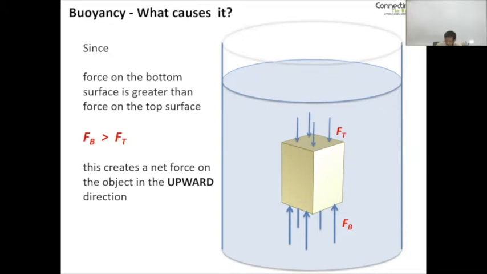And what is the magnitude of the force? The magnitude of the force is nothing but FB minus FT in the upward direction. FB is greater than FT, therefore the net force is in the upward direction. And this net force is what we call buoyancy.